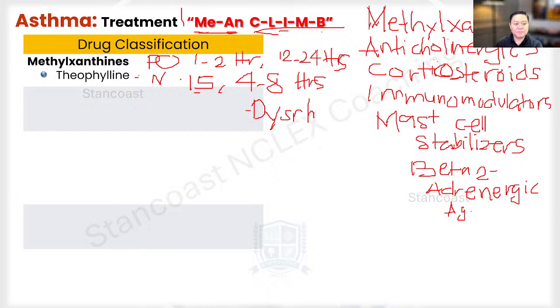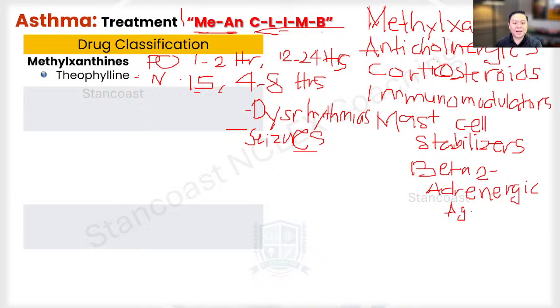And the medication is not as popular now compared to the past. It's because the medication has a narrow therapeutic index. So it can cause toxic effects if we are not paying attention to the drug level, and in some cases, it can lead to seizure activity. That is why we need to be careful in administering this medication.